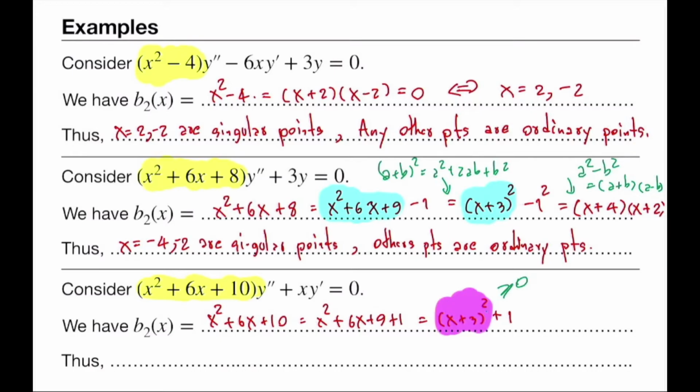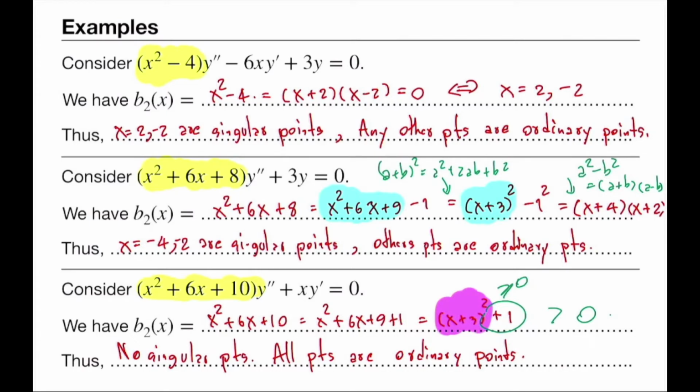Okay, and then you plus 1, so it's always bigger than 0. It can't go negative, it can't even be 0. So you don't have singular points, so all points are ordinary points.